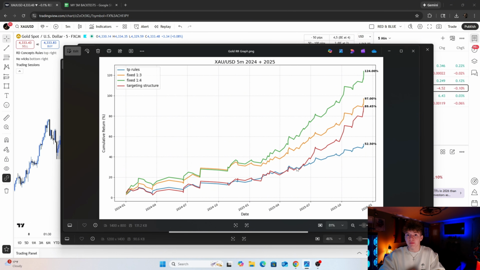It's going to be 2x or 2 to 2.5x our actual TP rules, right? If we only make 10% in gold in a year, then our fixed 1 to 4s might make 20%. But again, right here, if we're making 30% in a year, then our fixed 1 to 4s might make 70 to 80%, right? 2 to 2.5 times the amount, which is absolutely insane.